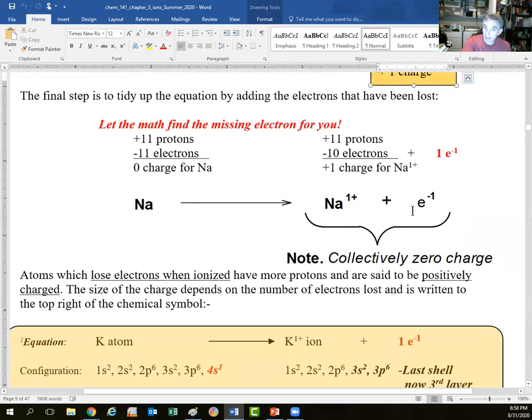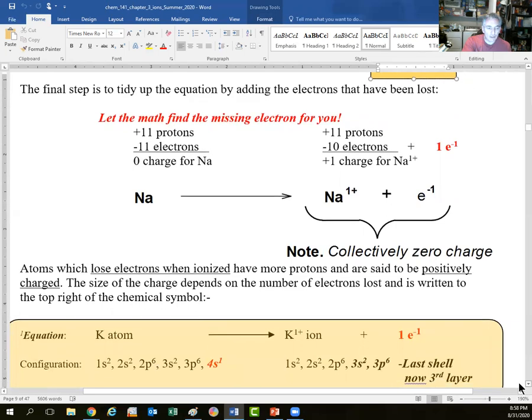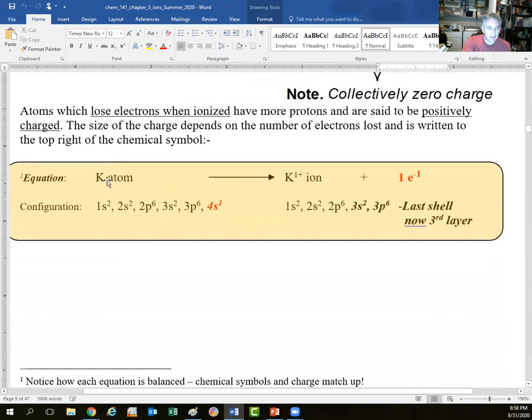Electrons lost by the metals always appear on the right-hand side of the equation. A similar story when we look at something like potassium. Potassium atom is a group 1 element like sodium, so it's going to be a 1+ ion as we remove its 1 electron, and that electron missing we add to the right-hand side of the equation.